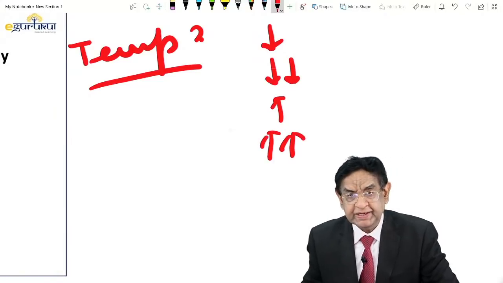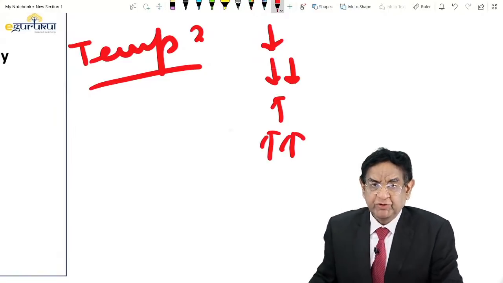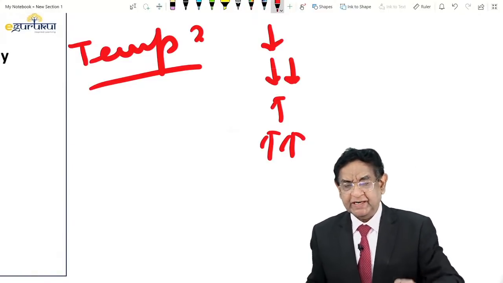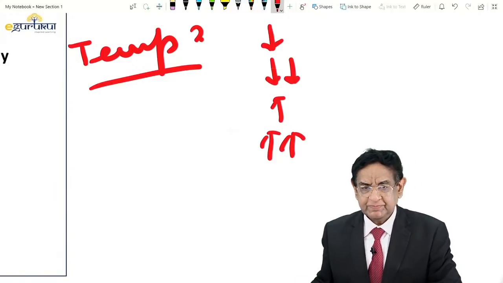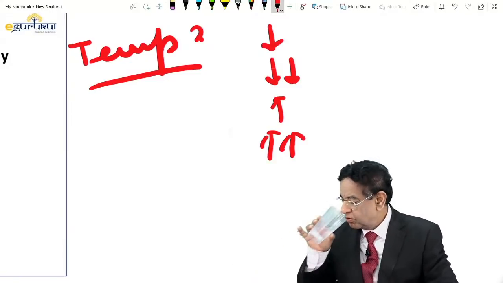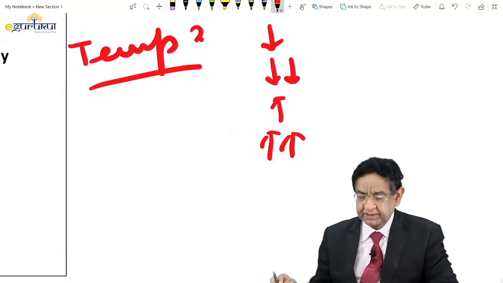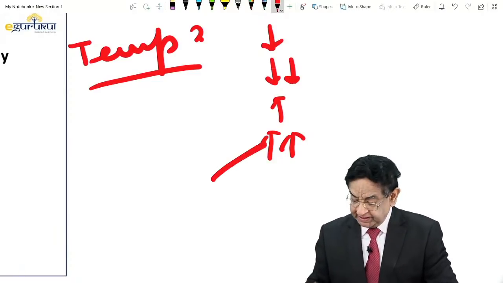I give you 20 seconds to think and answer. Those who will be seeing the video later on can stop the video to write the answer. Temperature goes low, very low, high, or very high. The answer is it can lead to very high.